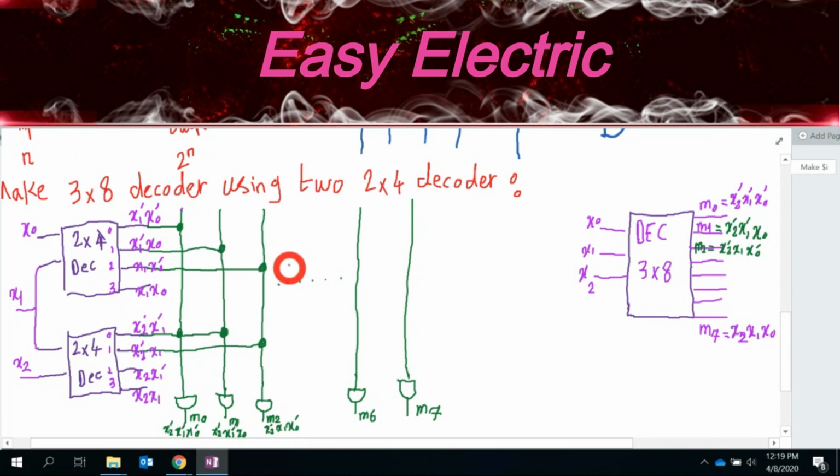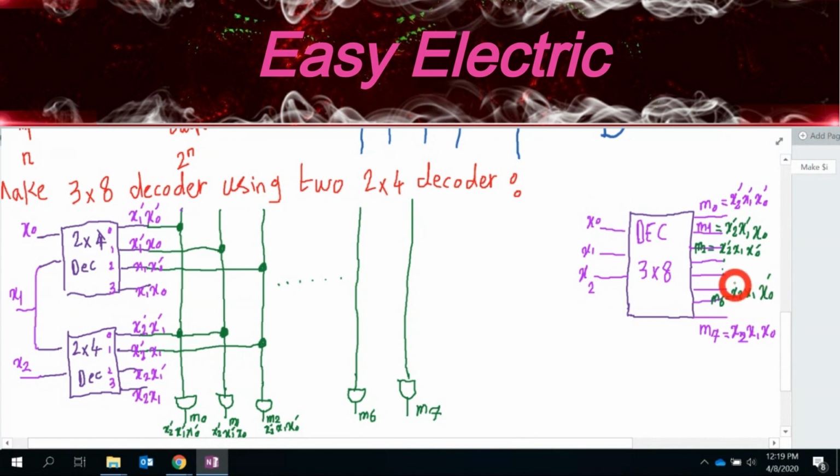Okay. So similar things you take care of M3, M4, M5. I just write 6 and 7. Okay. So back here, what should be the M6? We work on M6. You take care of the rest. So I just do M6 again. Help me. What should be the minterm 6 based on these 3? It is X2, which is 4, X1, and X0 prime, right?